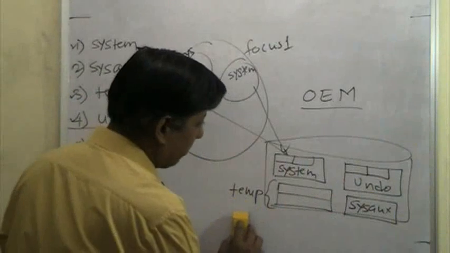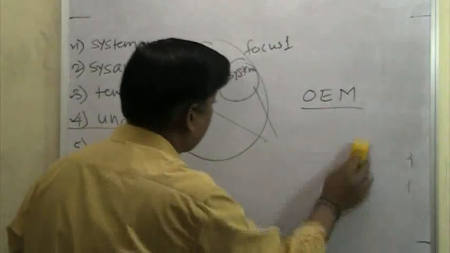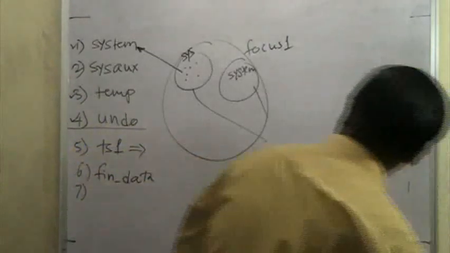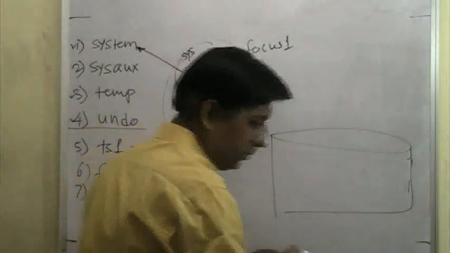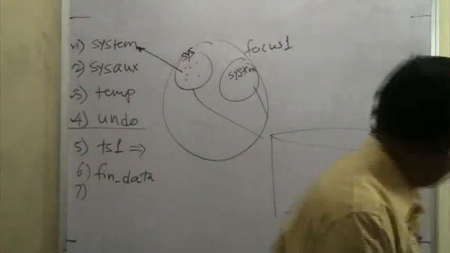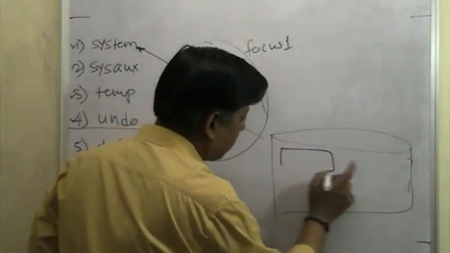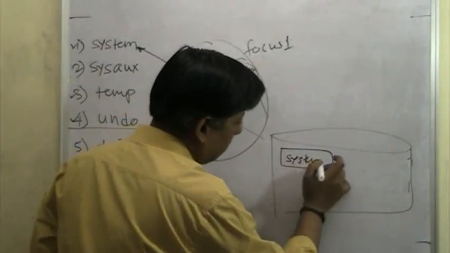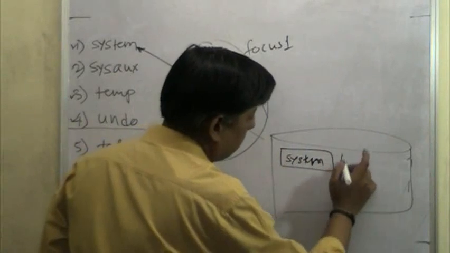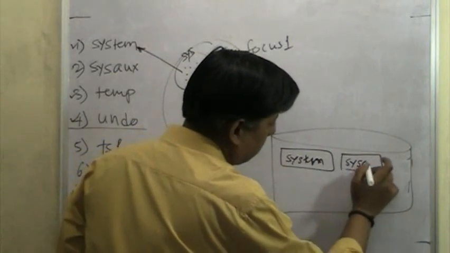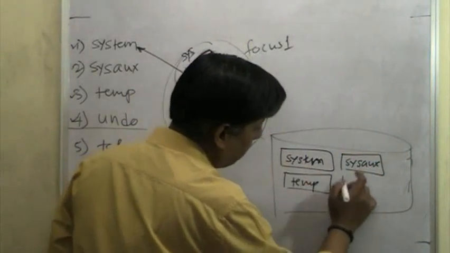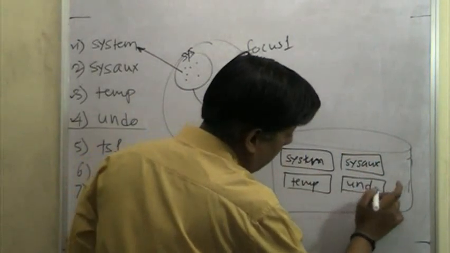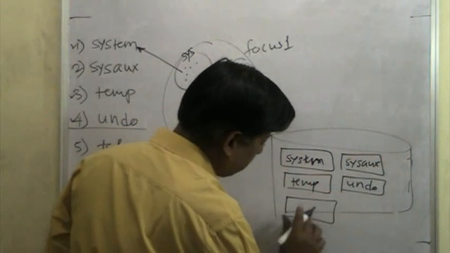Okay, now you have these 4 table spaces, or let me draw a little different diagram now. This is your database. This is a system table space here, then system, then Sysaux, then temp, then undo, and you have created one more table space.